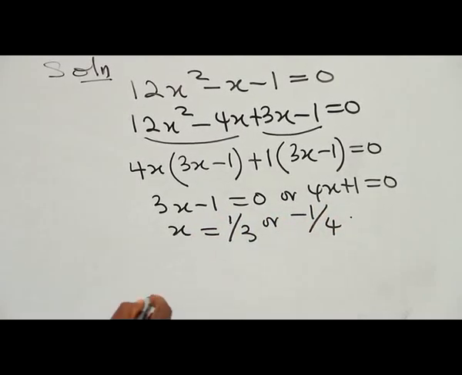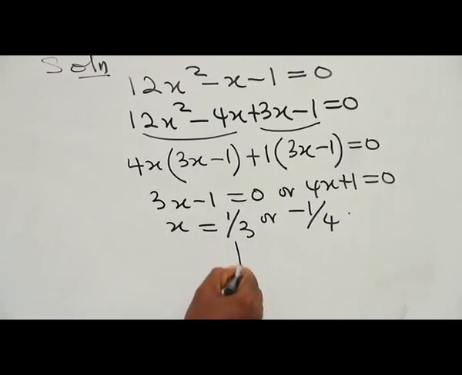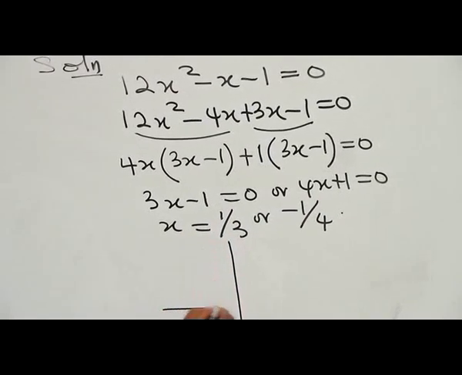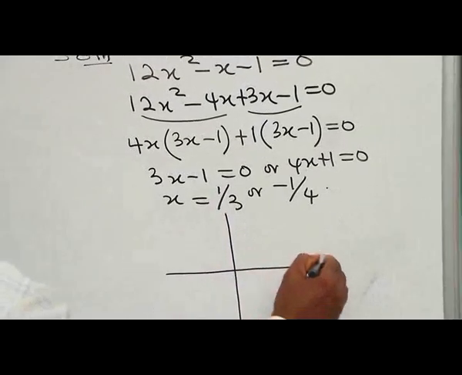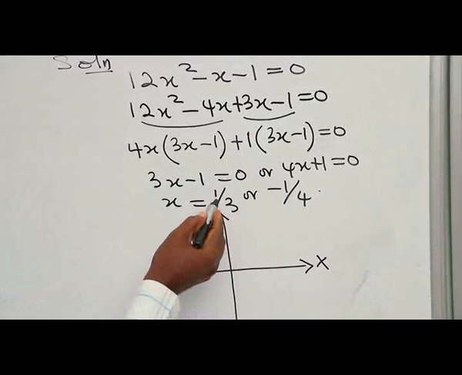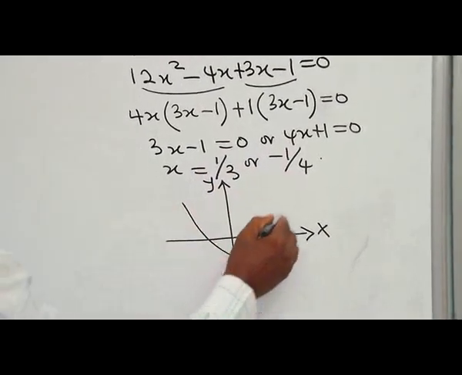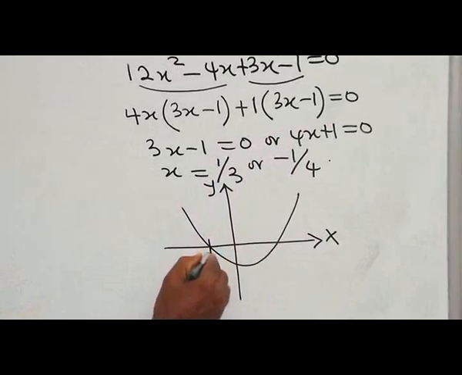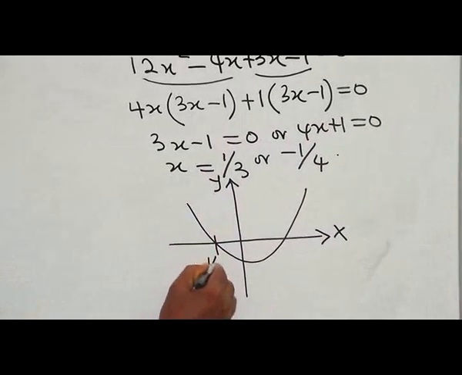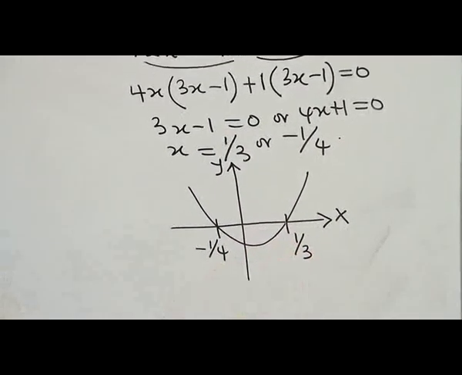As I said earlier, you can decide to use either the chart or the sketch. So let me use the sketch. This is your s axis, your y axis. Now we have 1 over 3 and minus 1 over 4, so it's crossing over. We have something like that. This point is your minus 1 all over 4. This point is your 1 all over 3.